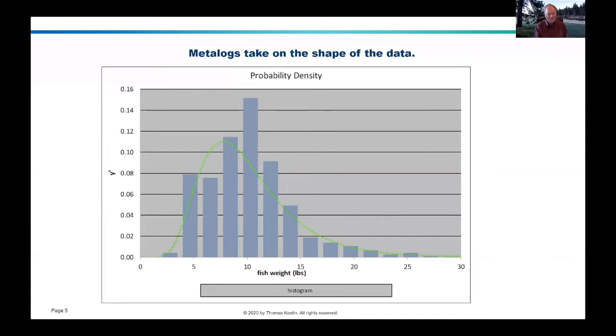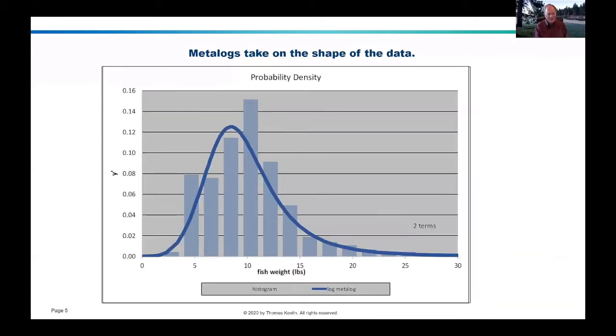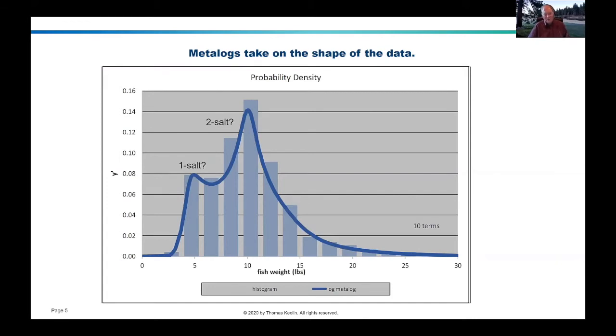And if you do this with a 2-term log metalog, it looks like that: a 4-term, 6-term, 8-term, 10-term. All of a sudden, you end up with a probability distribution that matches the shape of the data, and that maybe gives you information about the relative population of 1 salt versus 2 salt fish, as well as the population sizes.